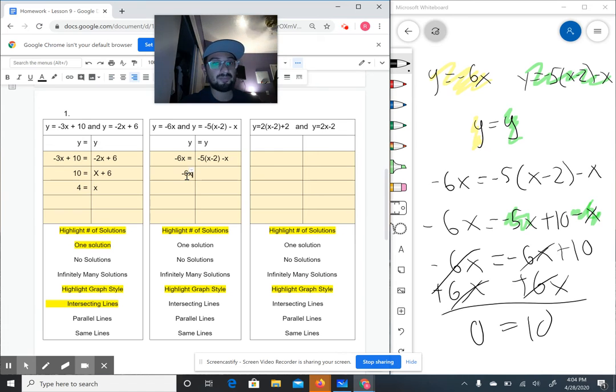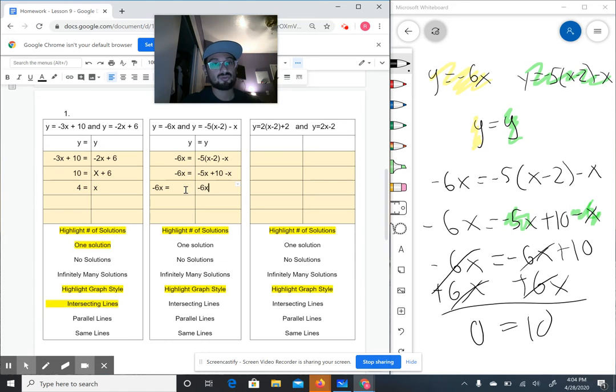We're going to do the distributive property: negative 5 times x, negative 5x. Negative 5 times negative 2, positive 10 minus x. Combine like terms for the next step.